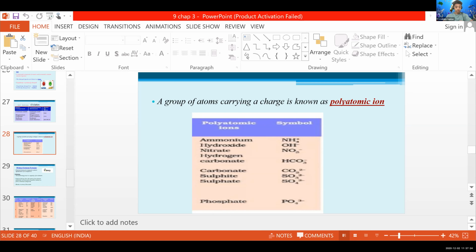Then we are going to learn about chemical formula.